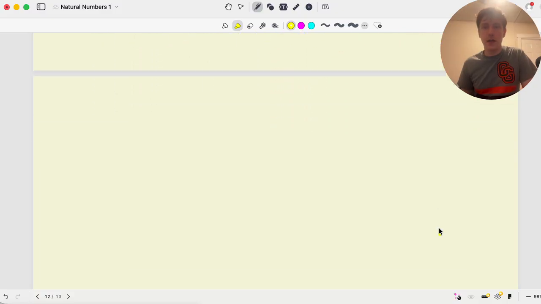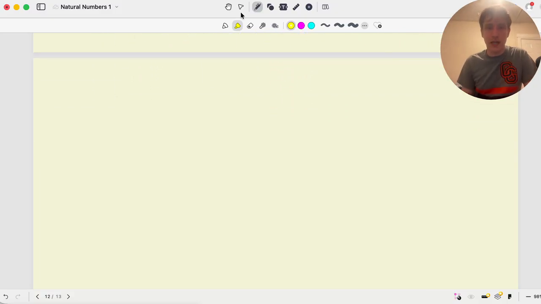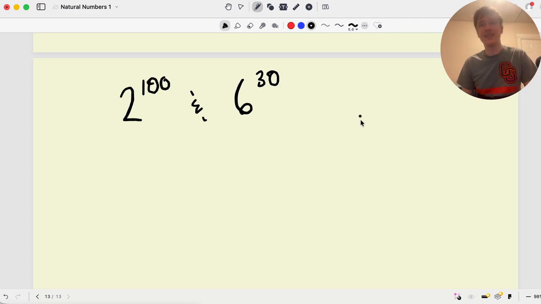Now, the final thing, I'll go back to our problem, and now we have a way of answering it. Remember that I wanted to compare the numbers 2 to the 100 and 6 to the 30th. I said if you wanted to, you could manually compute 2 to the 100 and 6 to the 30th, or you could at least type them in a calculator and try to compare every single digit.